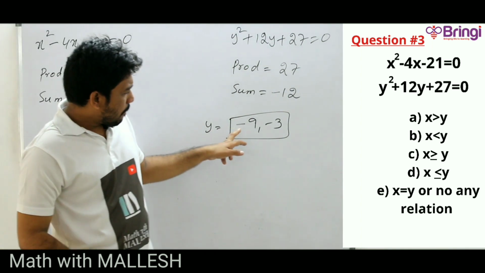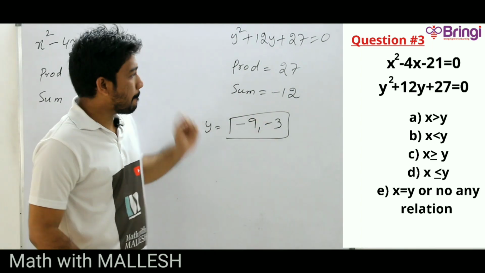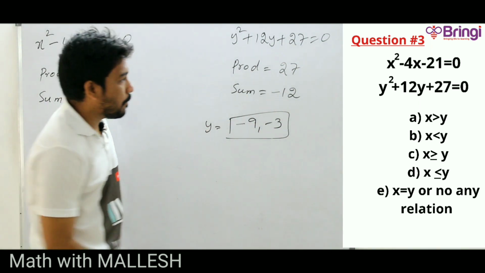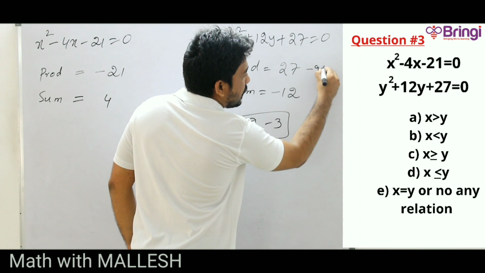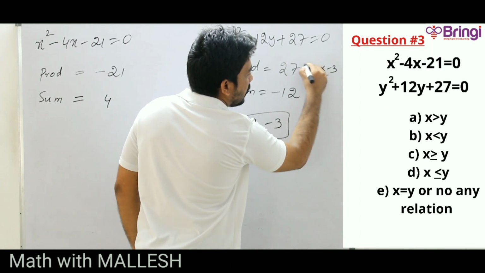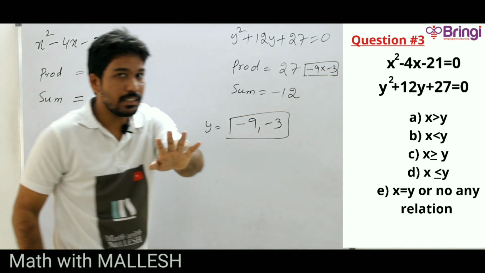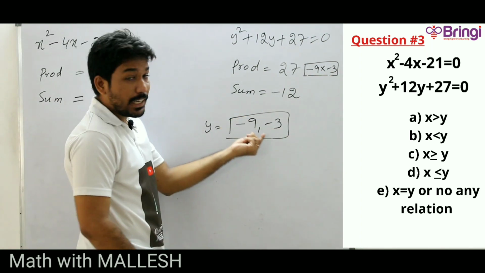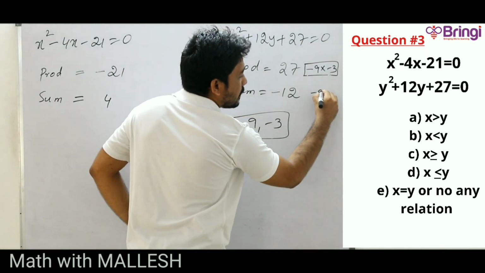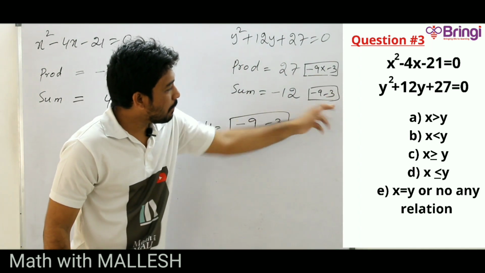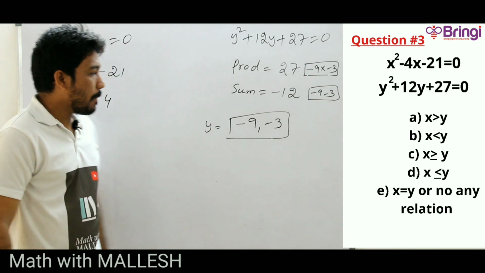Because -3 and -9, check product. Pakka 27 will come. Minus 9 into minus 3, negative into negative is positive, and 9 3s are 27. And check sum, minus 9 and minus 3, definitely value is equals to minus 12.